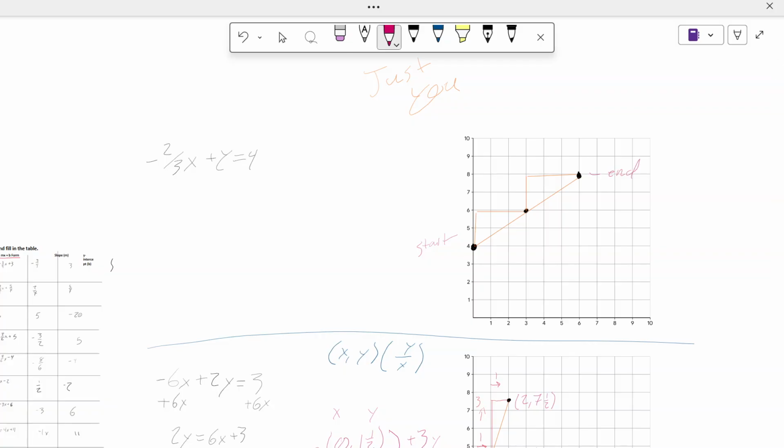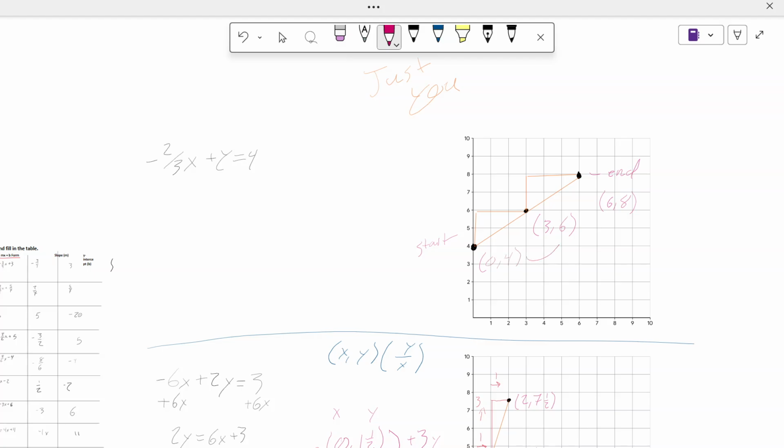And we stopped at 6 comma 8. And then we stopped here at 3 comma 6, and then here is 0, 4.